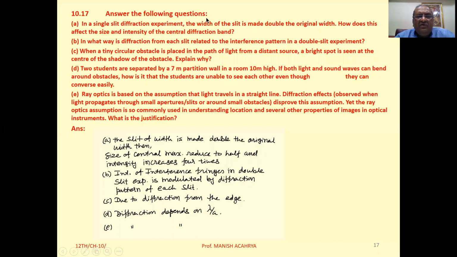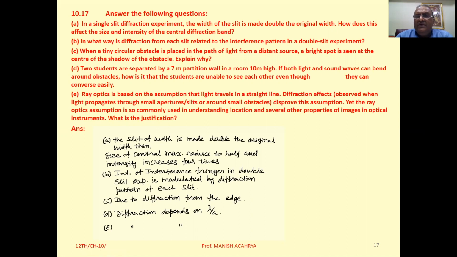10.17. Answer the following questions. A. In a single slit diffraction experiment, the width of the slit is made double the original width. How does this affect the size and intensity of the central diffraction band? So when you increase the width of the slit, the size of the central maximum decreases.